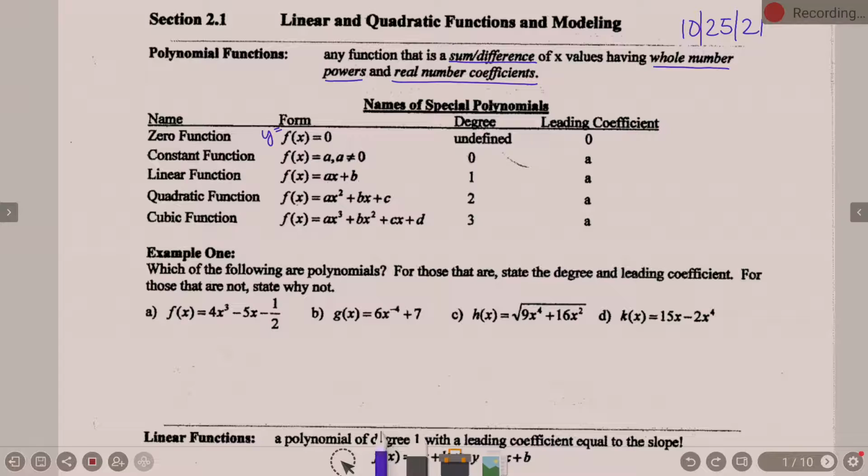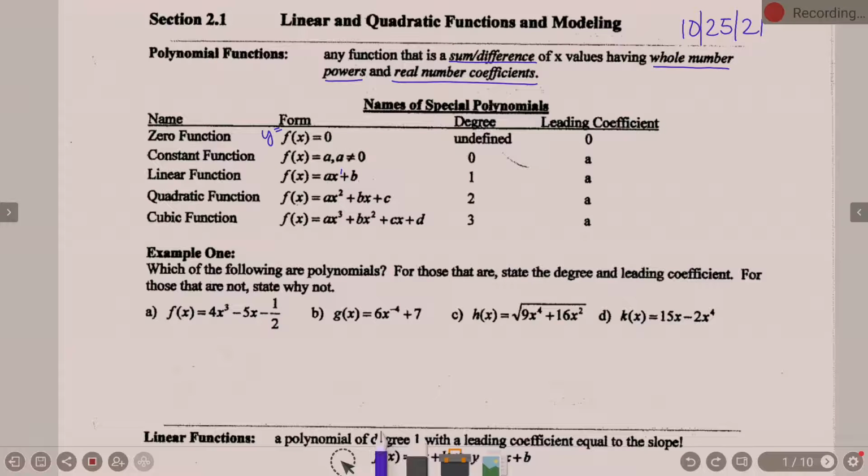It's not exactly this, but a lot of times when we talk about linear, we think y equals mx plus b. This is y equals ax plus b. Degree. Is degree coming back to you? Where's the degree come from? The degree comes from the highest power. And so if this is ax plus b, that is x to the power of 1. So it's a degree of 1, leading coefficient again of a. So in other words, the number multiplying in front of the variable there.